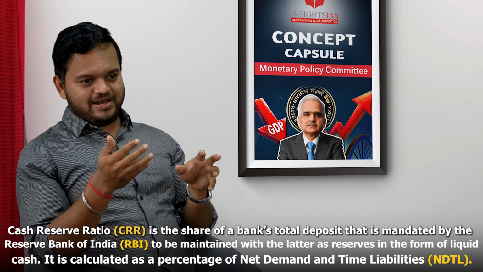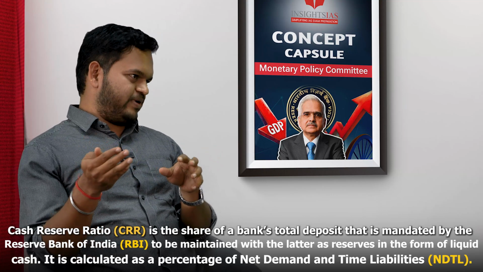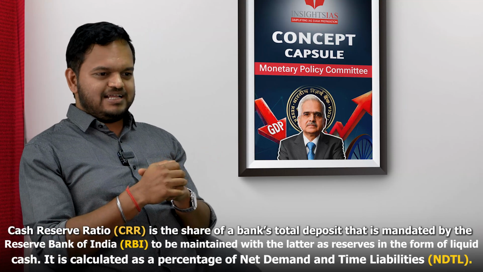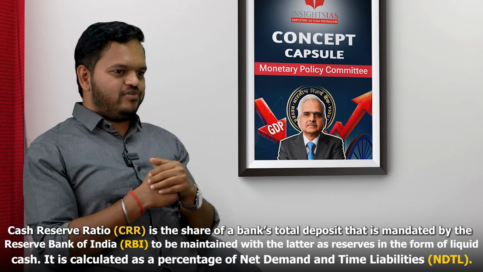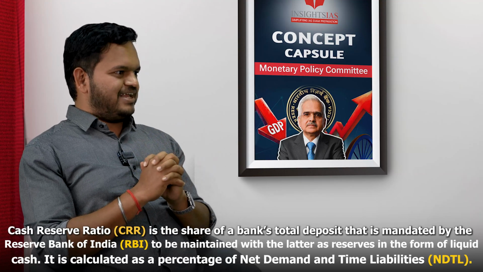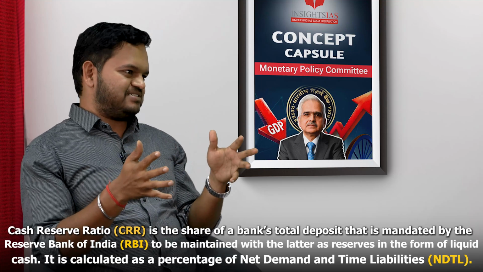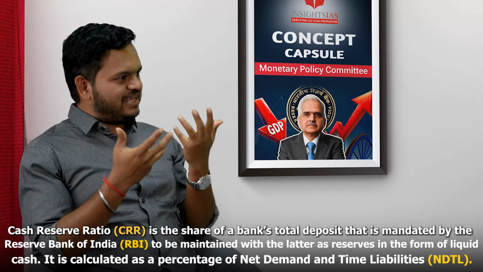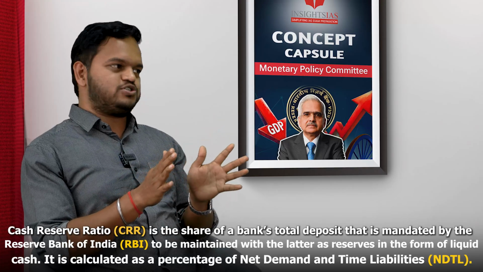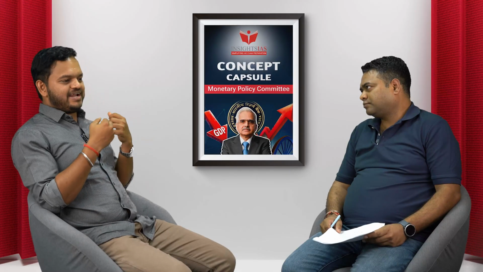That will pump in more than 1.5 lakh crore rupees of money into the market. The idea behind reducing CRR is, as I told you, we have to push the growth. We cannot compromise the investors' sentiments. If there is more money in the market, banks will be readily giving out credit. Credit inflow must not stop.